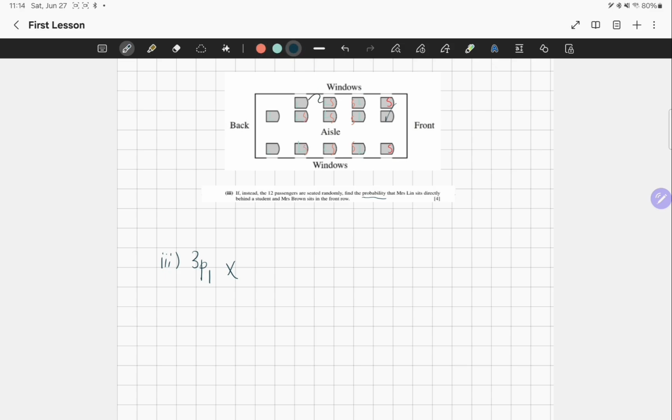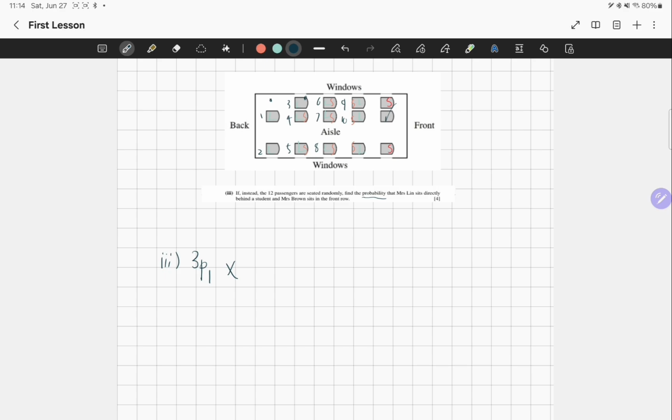You know why the student cannot sit here? It's because there's no back seat for Mrs. Lin to sit on. So let's count. 1, 2, 3, 4, 5, 6, 7, 8, 9, 10, 11.